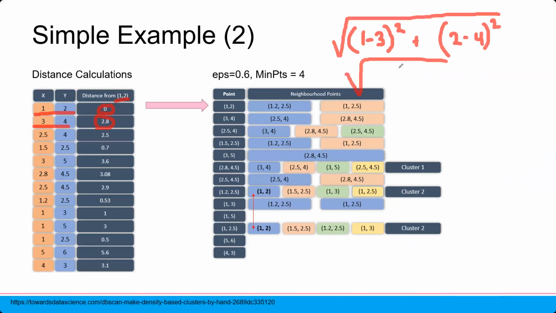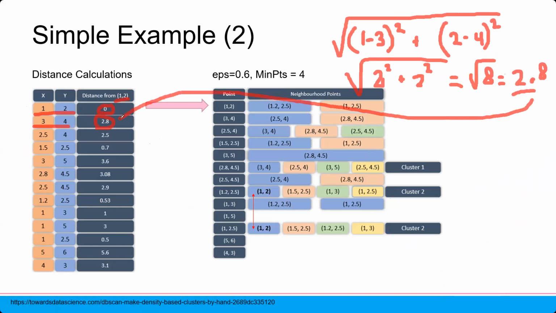So the square root of 2 power of 2 plus 2 power of 2, which is 4 plus 4, the square root of 8. The square root of 8 is maybe 2.8 something. It is the distance between the points 3,4 and 1,2.